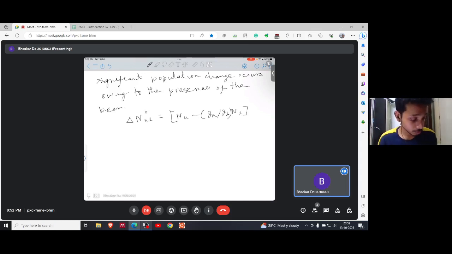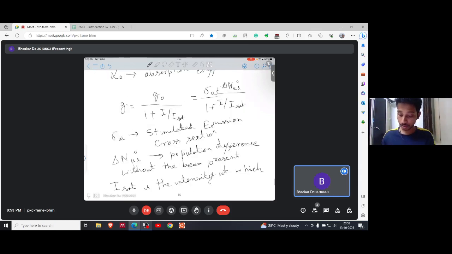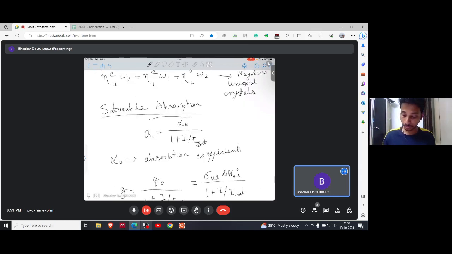So if the population in the lower level is significantly greater than the population of the upper level, then we showed that it was convenient to express the product sigma UL times delta N UL in terms of an absorption coefficient, and then from here we get this particular expression.